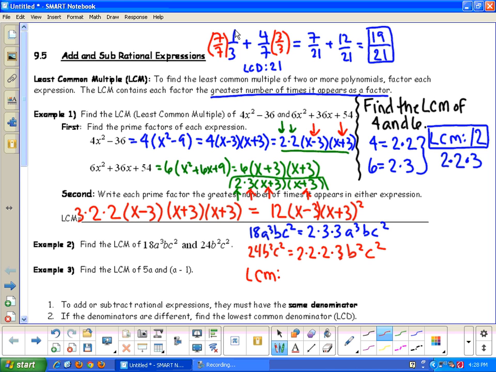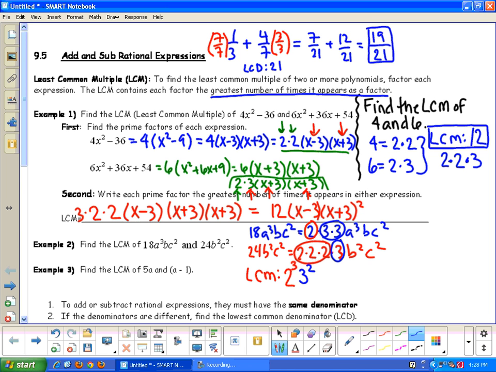So my least common multiple, let's start with the 2's. I have 1 here, but I have 3 here. So the greatest number of times it appears in either would be 3. So 2 times 2 times 2, or you can just write 2 to the third. And then if we look at our 3's next, I have 2 here, and I have 1 here. So the greatest number of times it appears in either would be twice, so 3 squared.